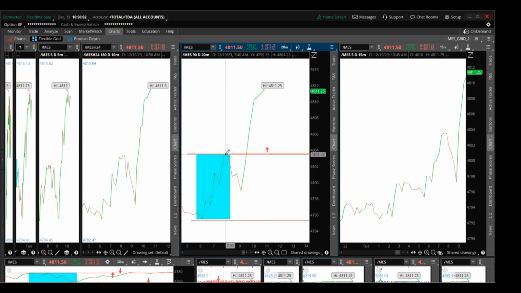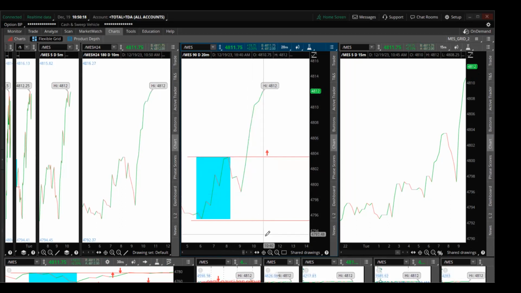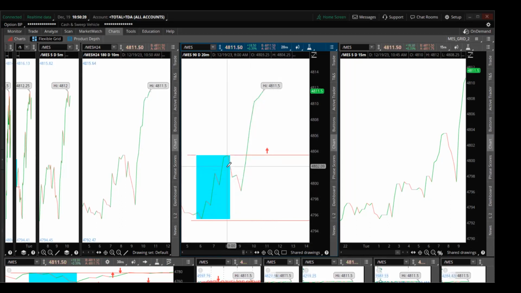Now, when it breaks the band, that would be the key. If you broke the band here on the bottom, that means that declining fractal top will continue. Then you hang on to the trade and move the stop down.